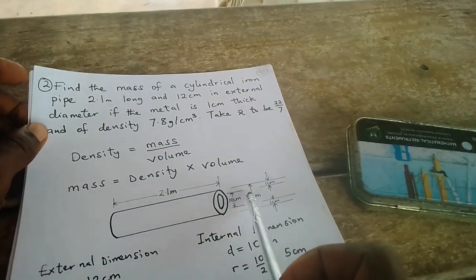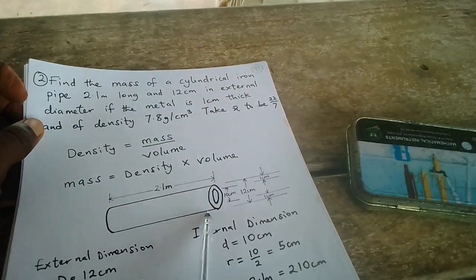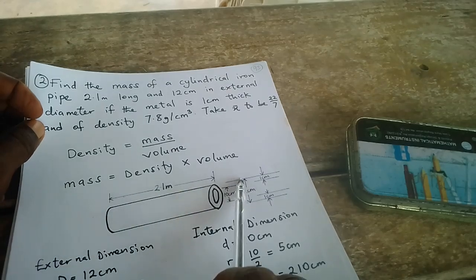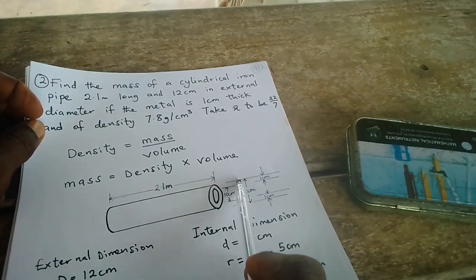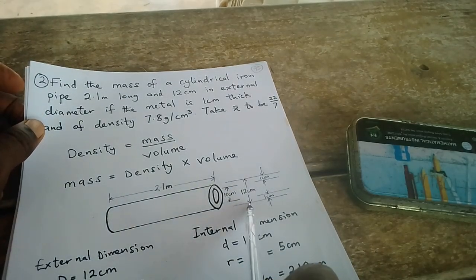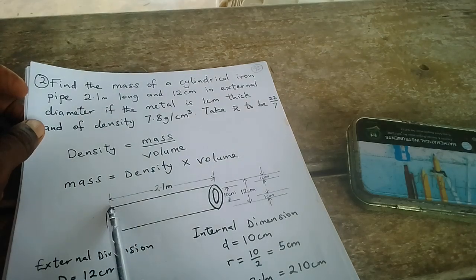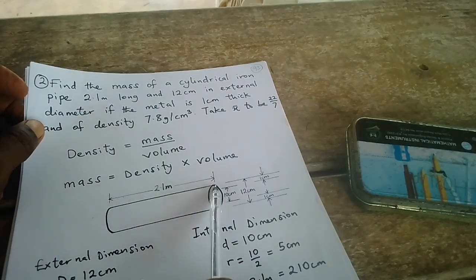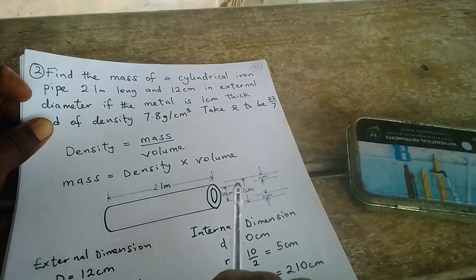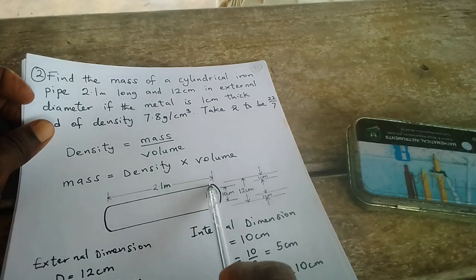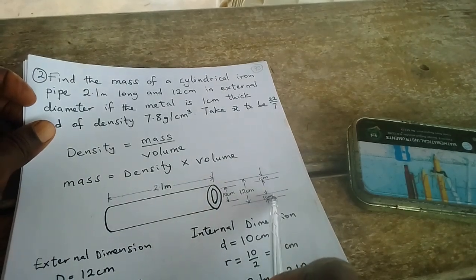Now if you look at the pipe, the external diameter is 12 centimeters, then the height is 2.1 meters. You realize that the thickness of this pipe is 1 centimeter.